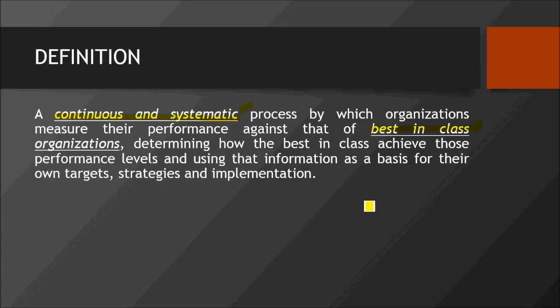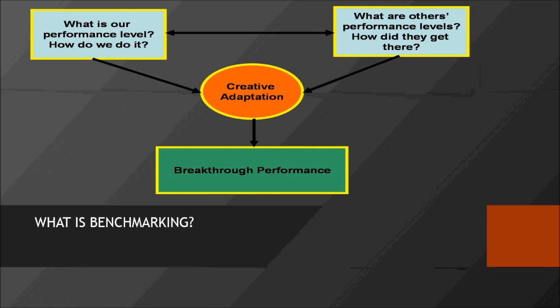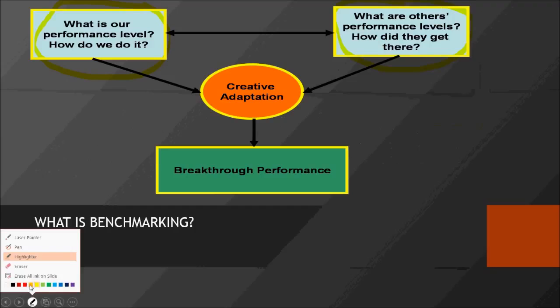This is a more simplistic and illustrative form of the benchmarking process. As you can see here, you're first trying to find out what your performance level is and how you achieve it, and then what others' performance levels are and how they got there. You find the difference, find the gap. And then based on the gap, you come up with a creative adaptation.